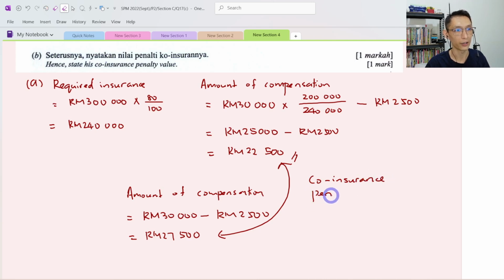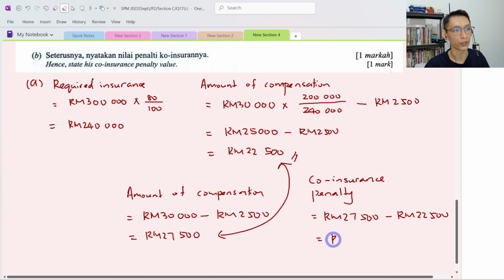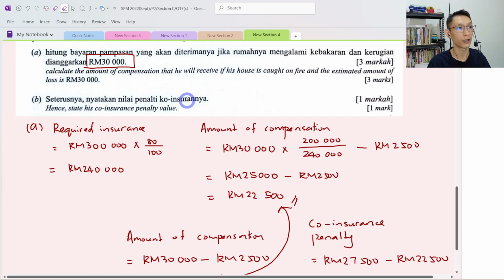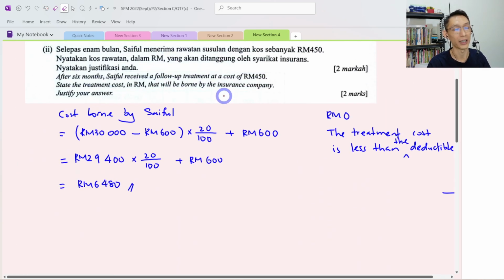Co-insurance penalty is equal to 27,500 minus 22,500, which is 5,000. So this is how we solve the house insurance question and also the medical insurance question.